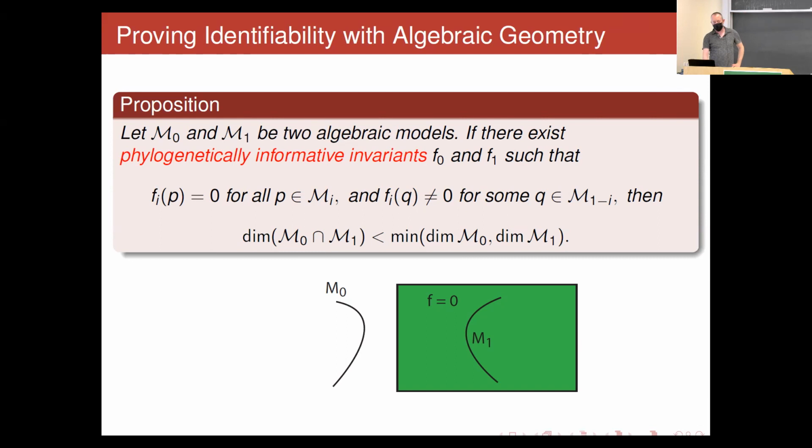That automatically implies that the dimension of the intersection will be strictly less than the dimension of either. So if you can find phylogenetically informative invariants, then you know that the tree parameters of the model are identifiable.